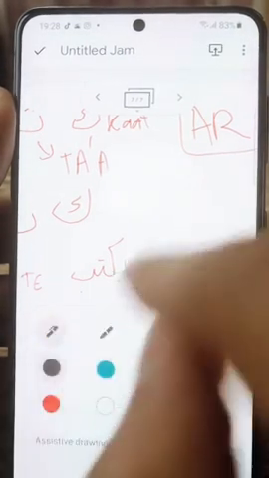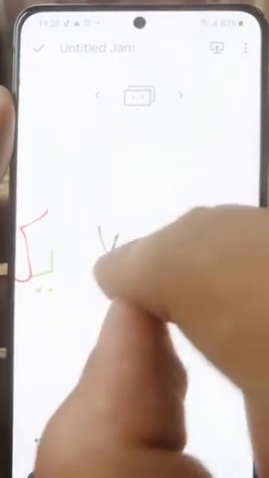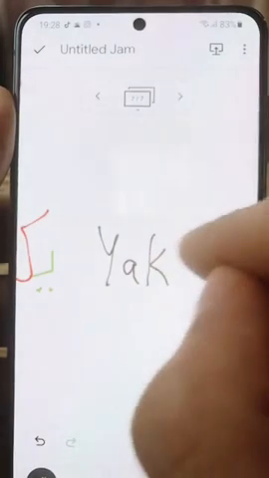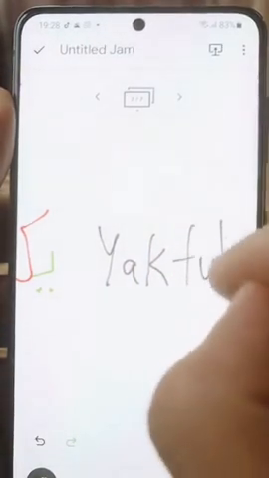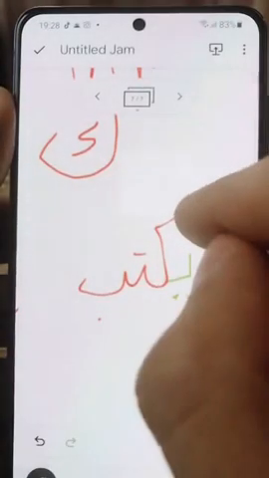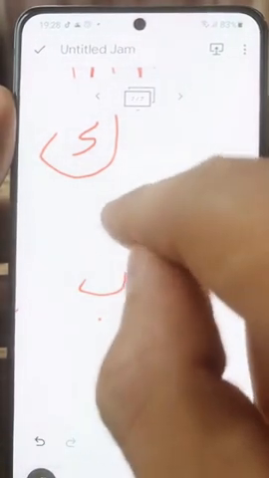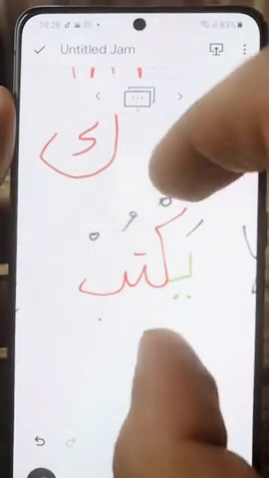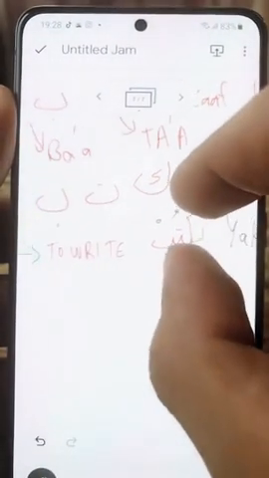Let's do it. To write in general, writing, it's kitaba. So let's start. Kaf, kita.